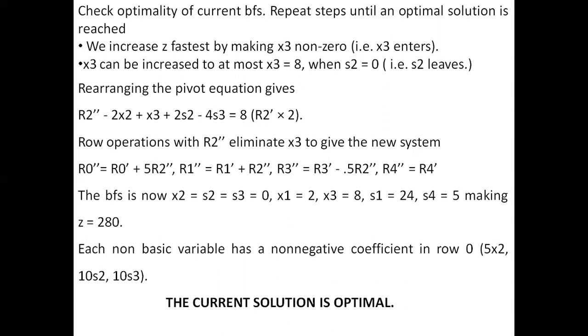And upon performing these iterative methodologies for the existing rows, the basic feasible solution is now x2 is equal to s2 is equal to s3 is equal to 0, x1 is equal to 2, x3 is equal to 8, s1 is equal to 24, s4 is equal to 5. So z is equal to 280.